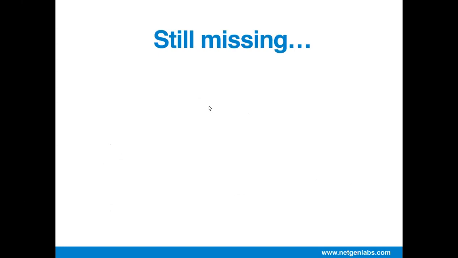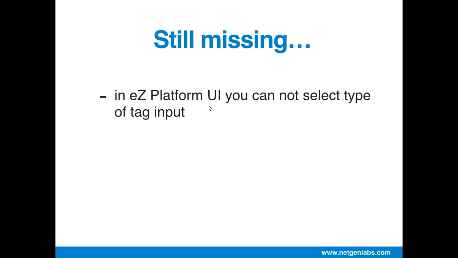What is still missing is that in Ibexa Platform UI, you cannot select the type of the tag input. This feature still exists in the legacy Ibexa Tags extension, and therefore it works in the Netgen Admin UI, but it lacks in Ibexa Platform UI version 1 because it was just too difficult to implement. So we are more or less waiting for UI version 2 to implement this.